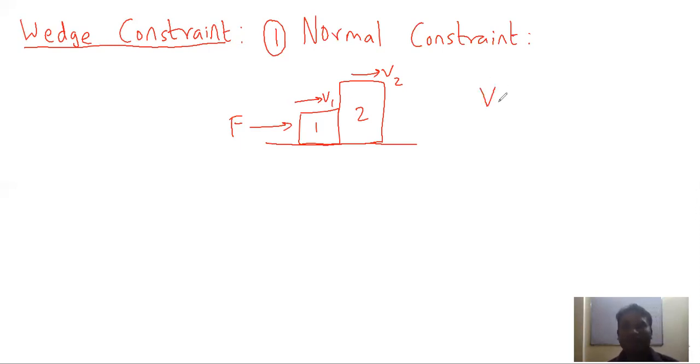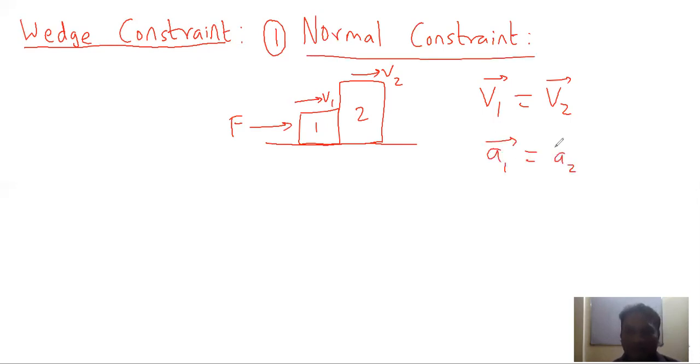Then by normal constraint, the velocities of the two blocks have to be equal. So this is the equation for normal constraint: v1 is equal to v2. Similarly, if the two blocks are accelerating with accelerations a1 and a2, then the acceleration of the first block a1 equals the acceleration of the second block a2. So this is the normal constraint equation.